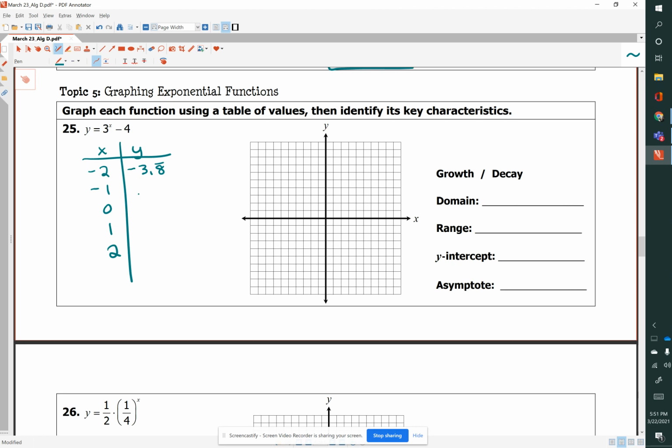When x is -1, y is -3.6. That's an irrational number. When x is 0, y is -3. When x is 1, y is -1. When x is 2, y is 5. So the graph is going to look something like this.